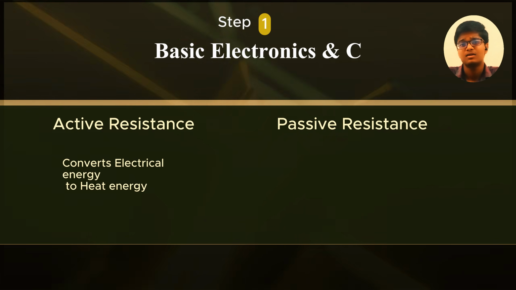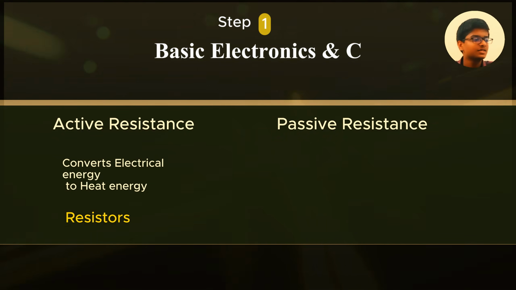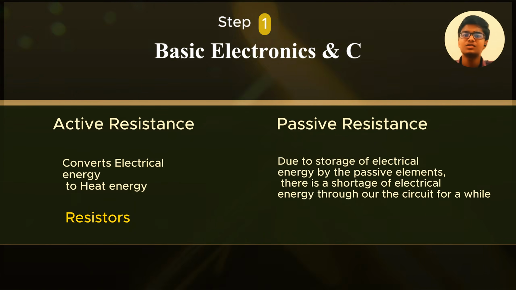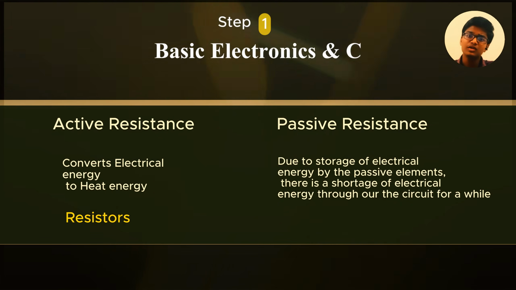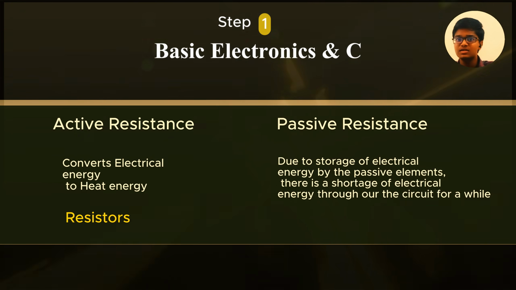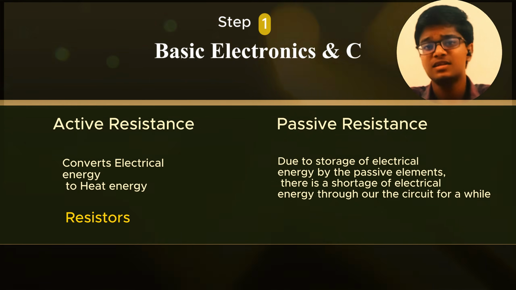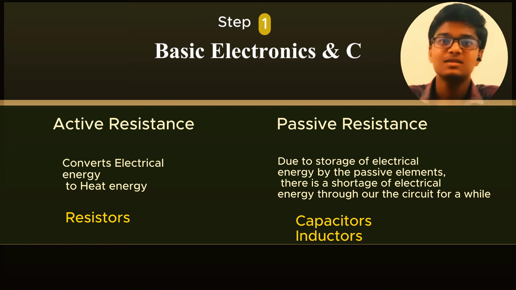Examples of active resistance elements are resistors. In passive resistance, the elements store electrical energy. Due to the storage of electrical energy, there is a shortage of this energy throughout the circuit. This forms the resistance. The passive resistance elements are capacitors and inductors.